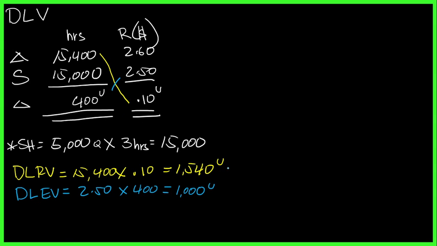Now, if you add this, you will get 2,540 unfavorable. That's your total direct labor variance. Let's try to check.